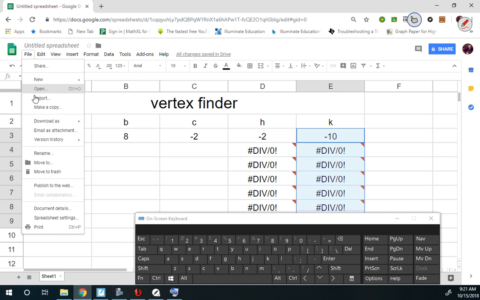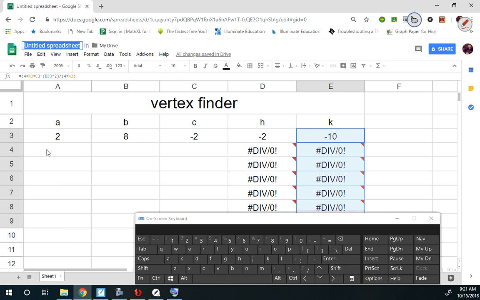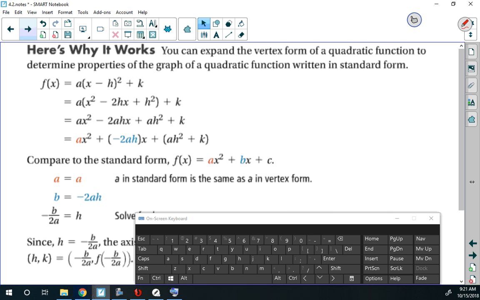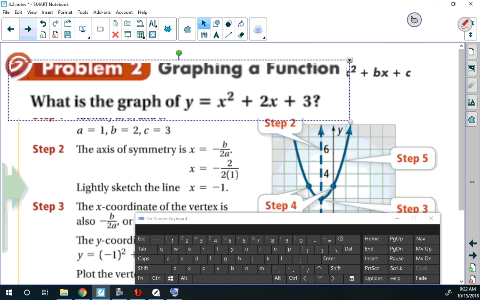I'm going to rename it Vertex Finder. And what if I put it in Classroom? Would that be all right? Would you be able to get to it off of Classroom? Would you be able to use it to do one like problem 2 here?